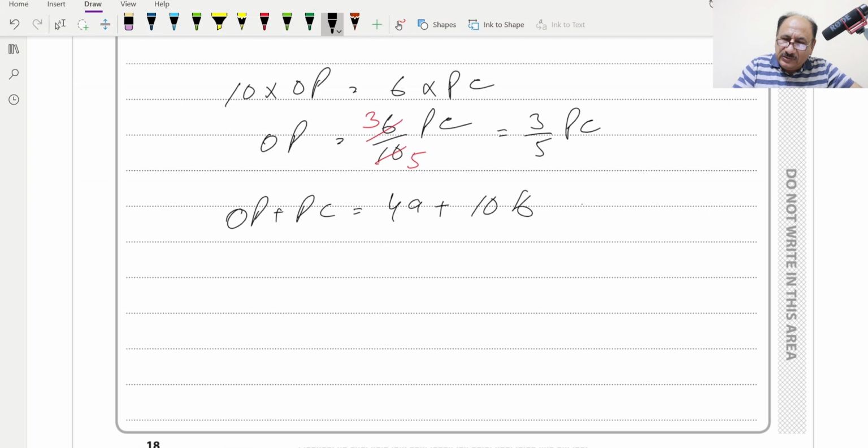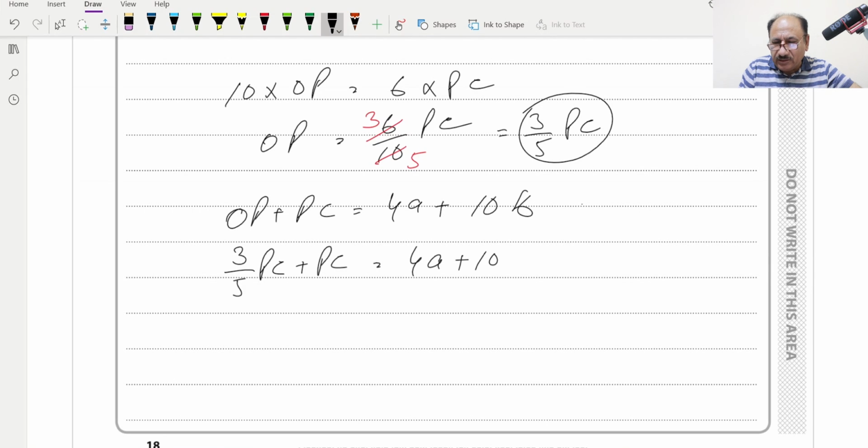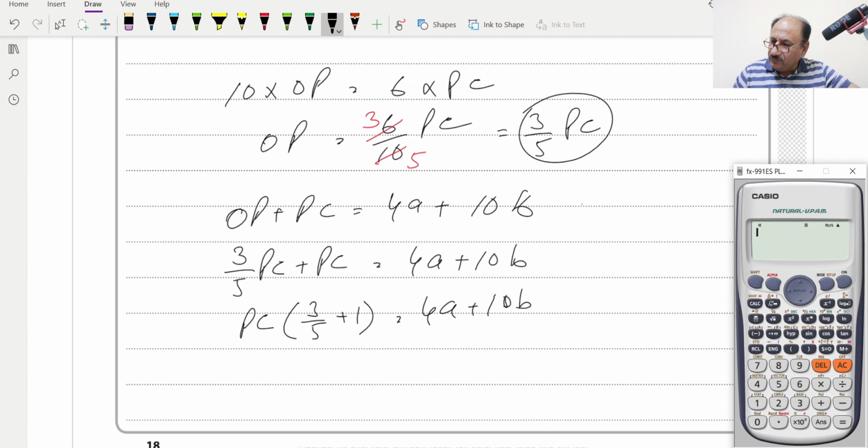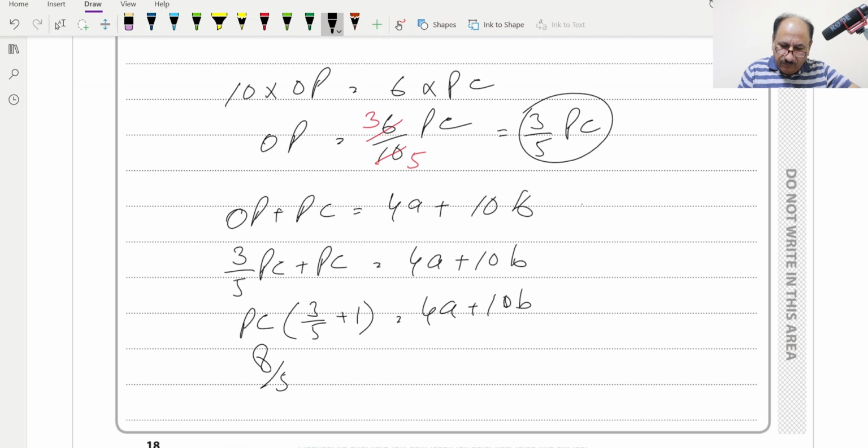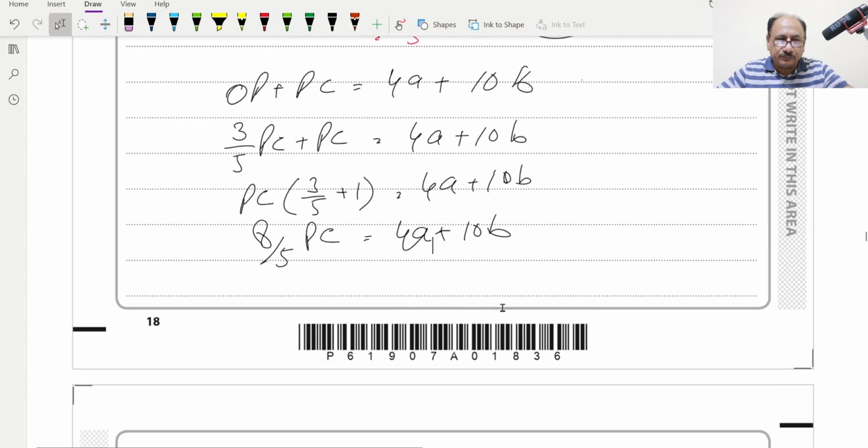And OP is this value, so we can replace here 3 by 5 PC plus PC is equal to 4a plus 10b, and we can take PC as common, so inside will be 3 by 5 plus 1, and 3 over 5 plus 1 is equal to 8 by 5. So we can write 8 by 5 PC is equal to 4a plus 10b.